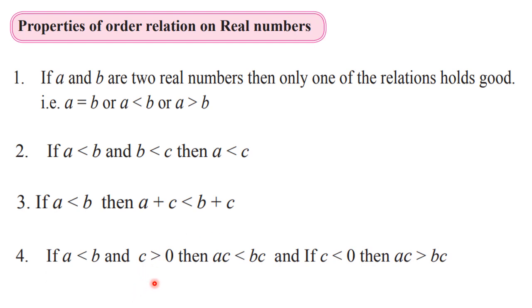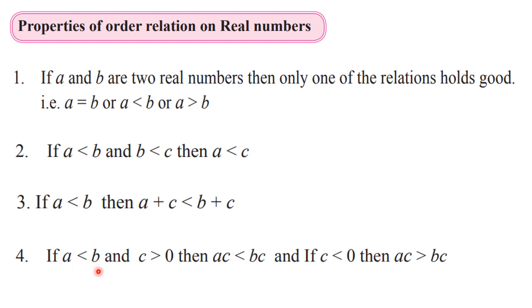Next, the fourth one: if A is less than B and we have one more number C such that C is greater than 0, meaning C is positive. So if we multiply both sides of this inequality by a positive number, then the middle sign does not change.